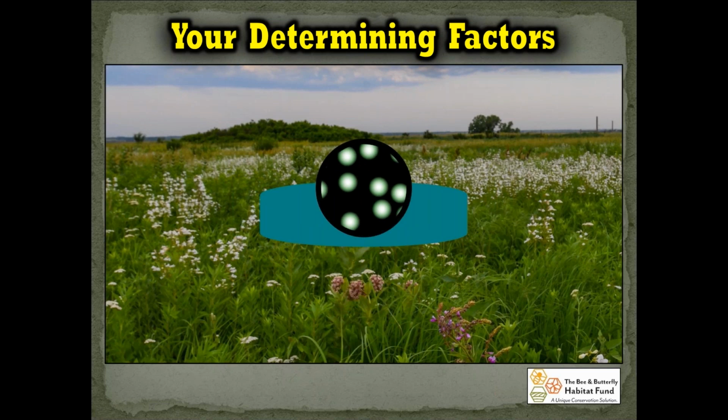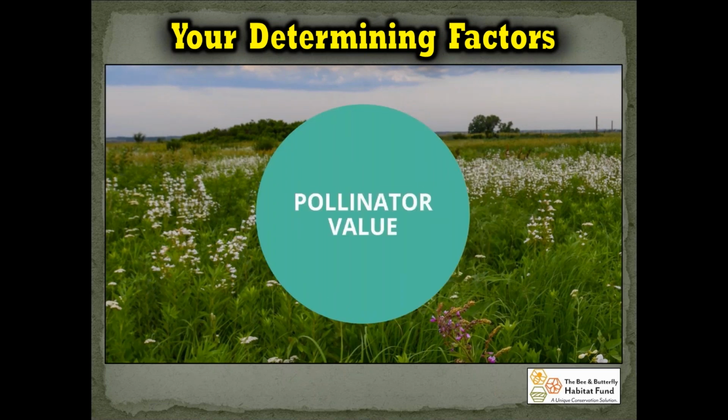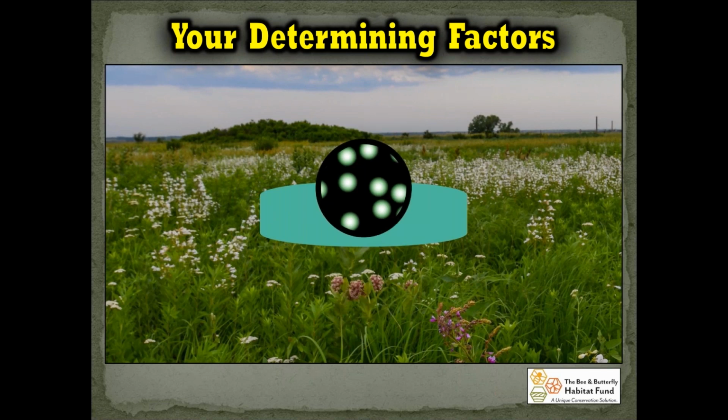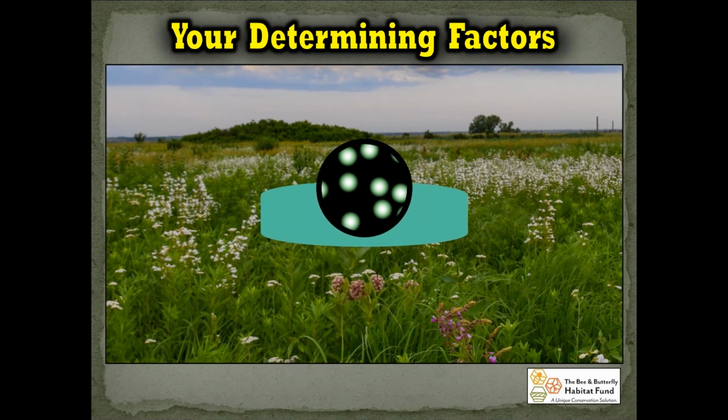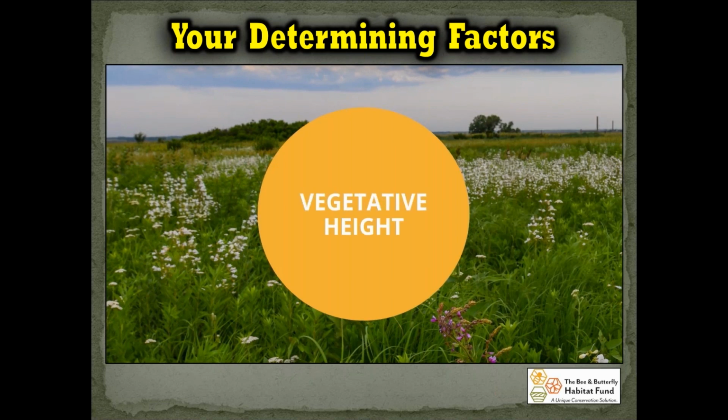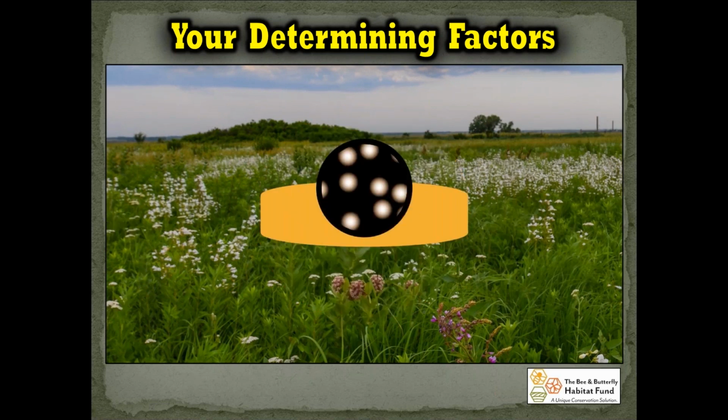Pollinator value, I appreciated the presentation a couple ago that talked about pollinator value. I'm going to talk about that. Not all plants that are flowering really provide much pollinator value. So we'll chat about that a little bit more coming on. Vegetative height, I'm going to use this as an example: if you're in a solar project and you want to have pollinator value, well, there's probably this little consideration called vegetative height that might be in there.